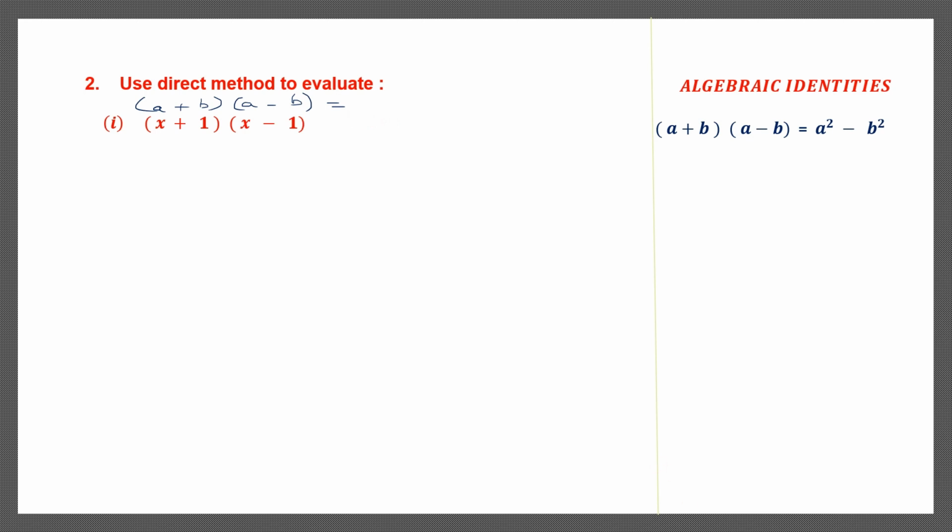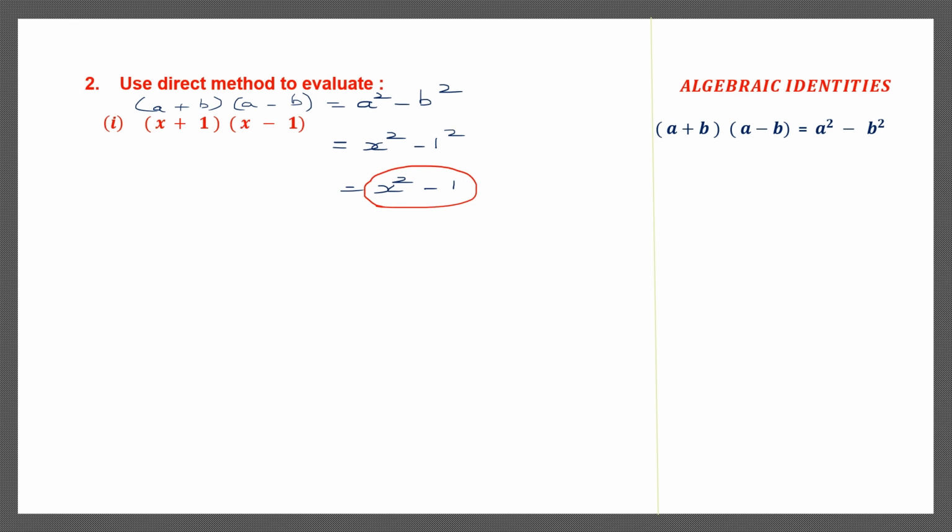So straight away you write is equal to a square minus b square. So that is the identity. We can use that and apply it here for this one. So x is a and b is 1. So we're going to write a square minus b square, which is x square minus 1 square, which is x square minus 1. So can you see we have got our answer directly using the identity.